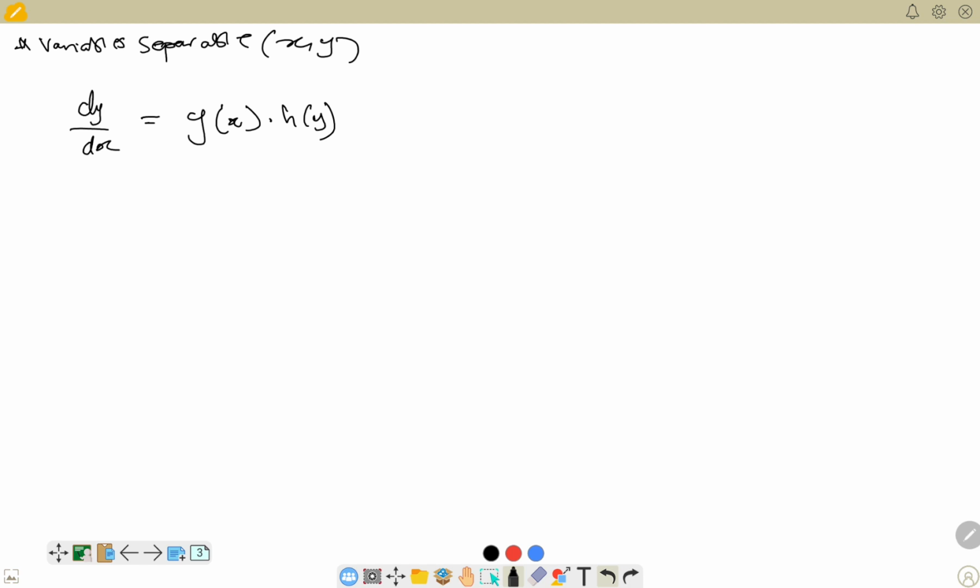So if we want to separate this, we want to make sure that h of y is attached to the dy. So if we divide by h of y, we'll have dy over h of y on this side, and we multiply by dx, we'll have g of x and dx. So we were able to separate.